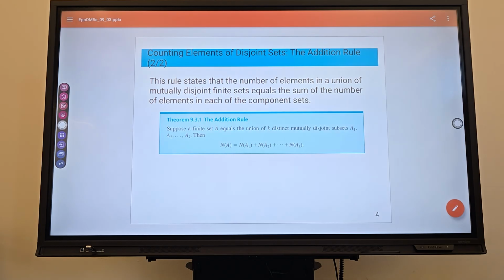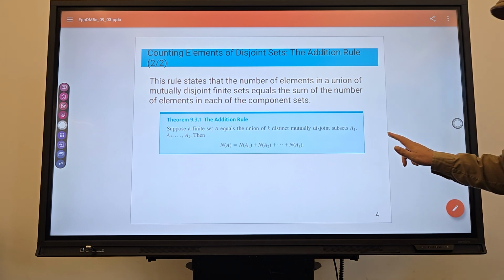So, say you have a finite set A equal to the union of k distinct mutually disjoint subsets A1, A2, etc. to Ak, then the number of elements in A is equal to the number of elements in A1 plus the number of elements in A2, and so on to the number of elements in Ak. Pretty much common sense there about the disjoint sets. If you add them together, you just add the number of elements. Pretty straightforward.